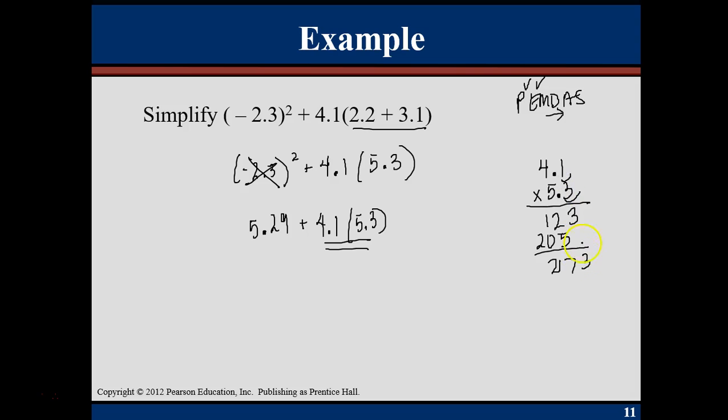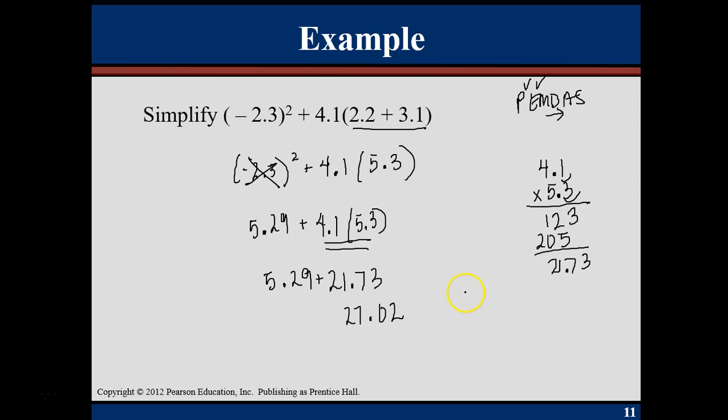And then I have 2 spots that are moved in, so I'll move in 2 spots here. The product is 21.73, and my last step will be to add the 5.29. 5.29 plus 21.73 is 27 and 2/100ths.